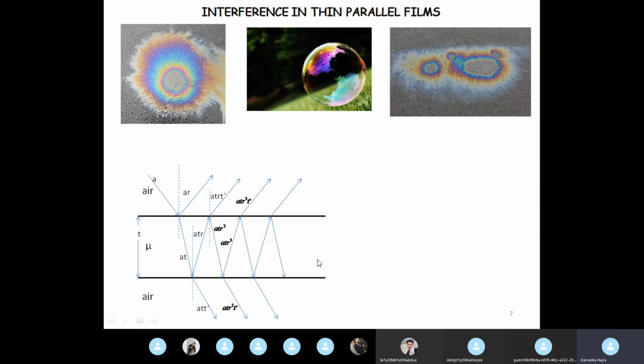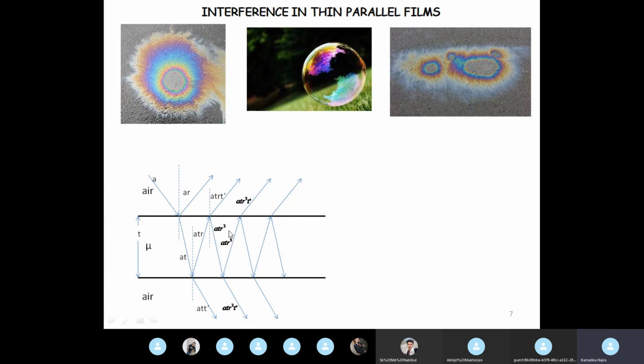You can tell me, why have I taken a single value of R whereas I have taken T and T'? Because there is air on both sides. Transmission from air to mu is T. Transmission from mu to air is T'.